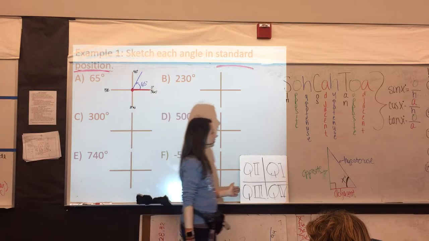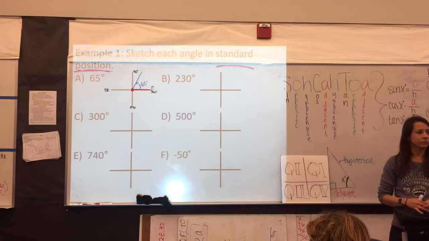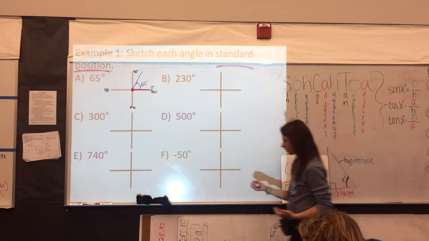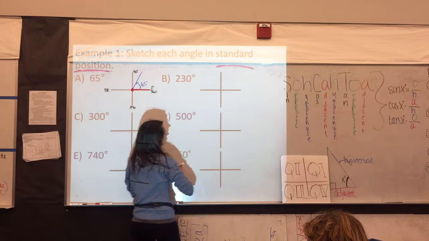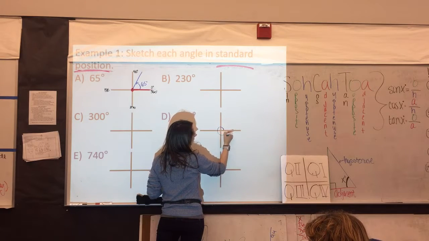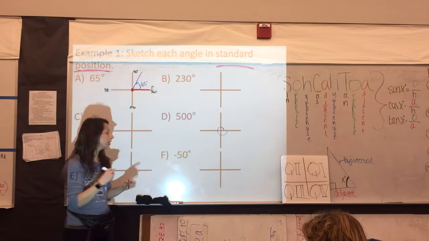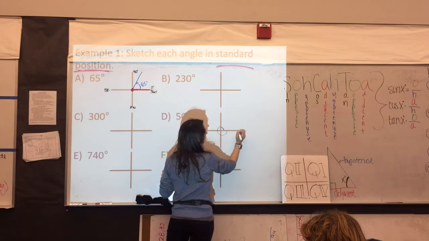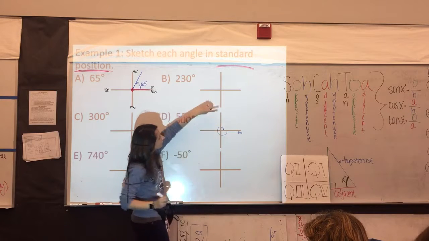D, 500. Why does the 500 make that one look harder? It's bigger than 360, okay? So that means you have to go all the way around and go around some more, okay? So we know that this is 360 if I go all the way around, but if I come up to this spot, what's this one now?